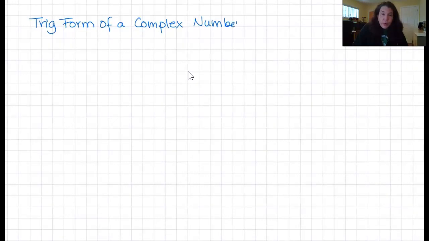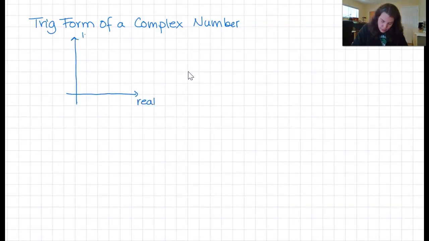It comes from what we already know, thinking back to our days of trigonometry. Again, I'll just put part of a complex plane here. Here's real, here's imaginary. I'm going to put a plus bi.